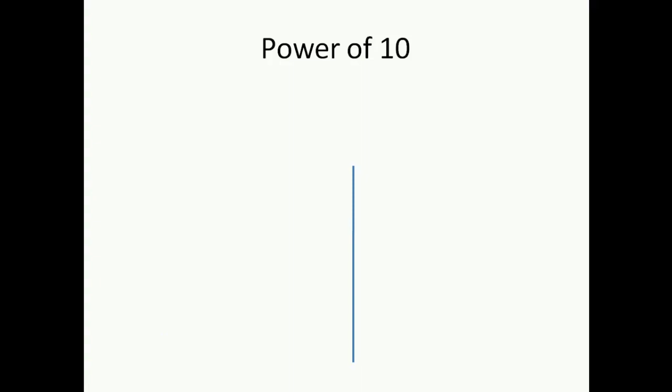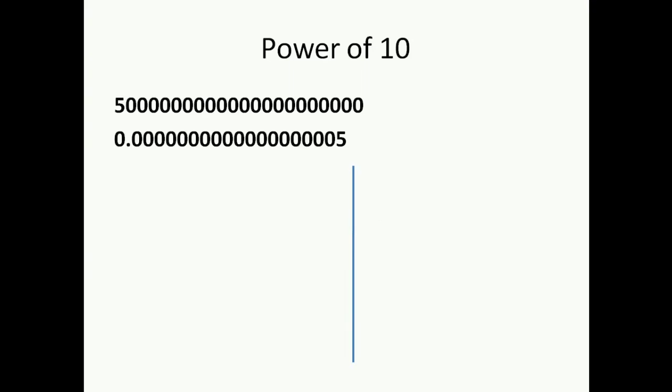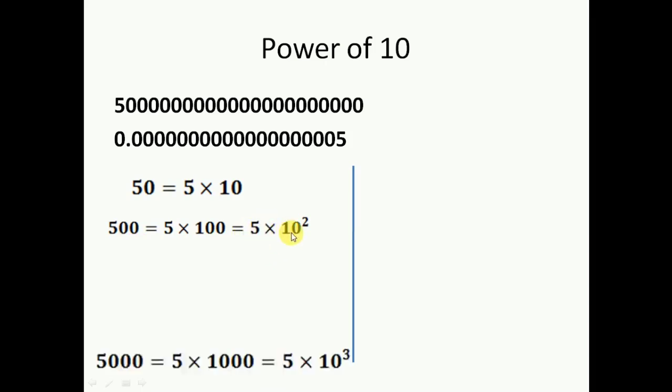Now the next thing we are going to talk about is power of 10. If a number is too big or too small, it will be very difficult for us to write. To make it easy to write, we use power of 10. Let's take an example. If you are writing 50, you can write 5 into 10, or 5 into 10 to the power 1. If you have 500, you can write 5 into 100, and 100 is 10 square, so 5 into 10 to the power 2.